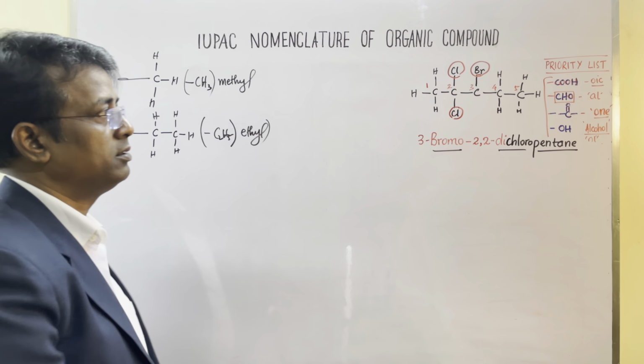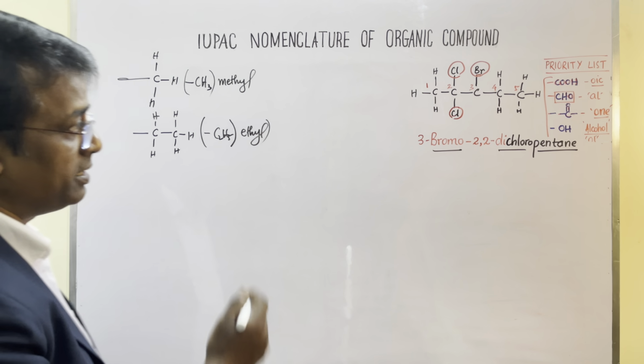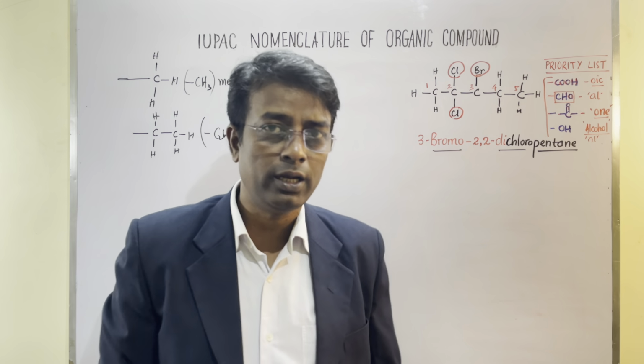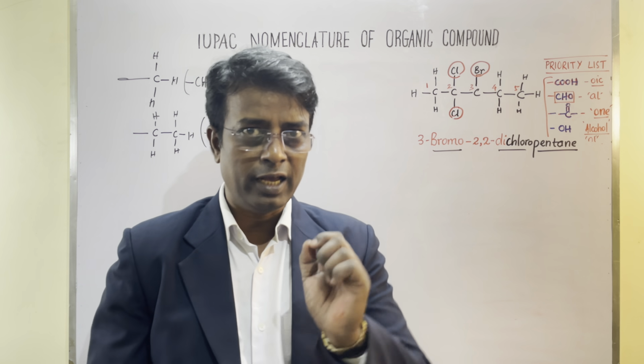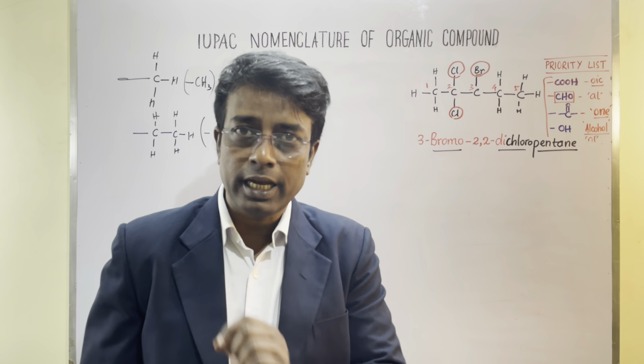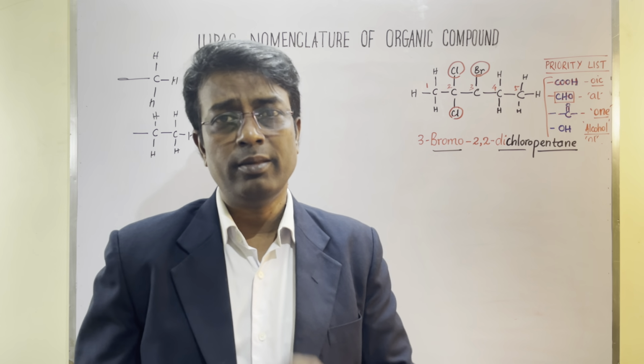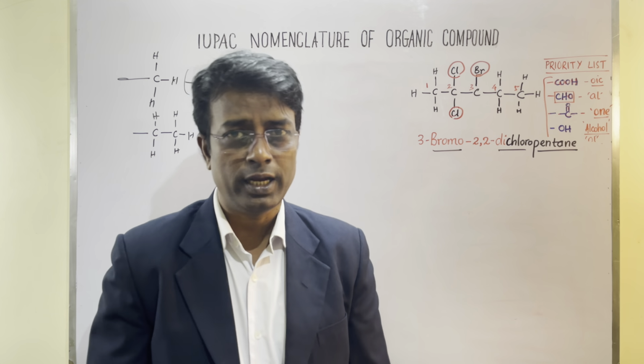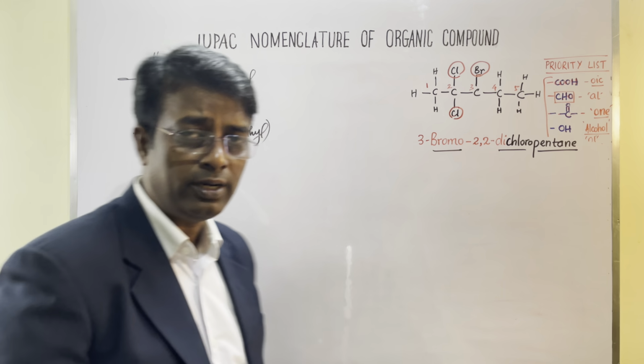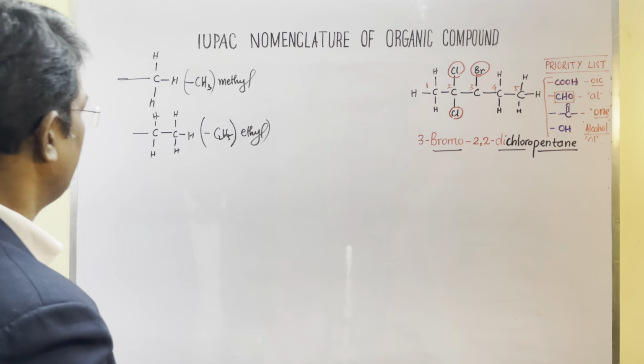Let's take another compound and try to name it. Now, if you really want to enjoy this on a serious note, you have to take pen and paper and try to name it along with me. Then we match the pace together and the learning will be absolutely delightful. Now C2H5.